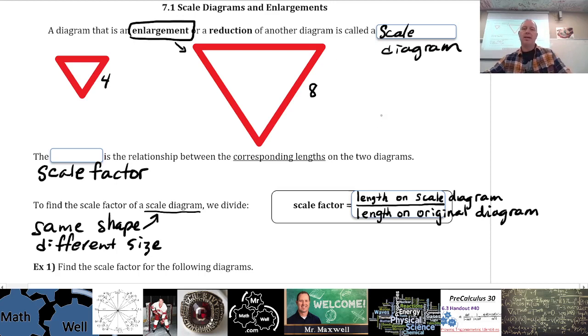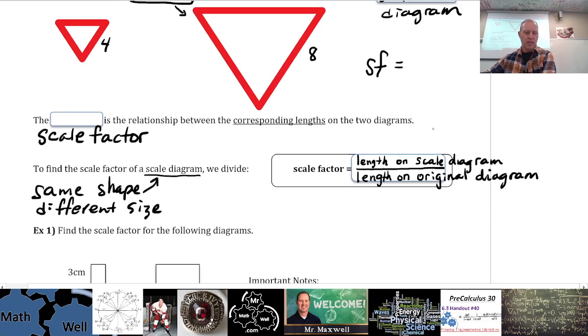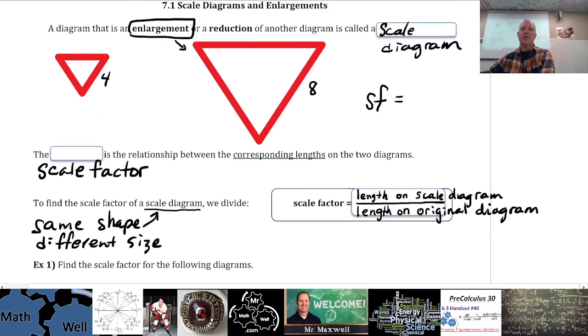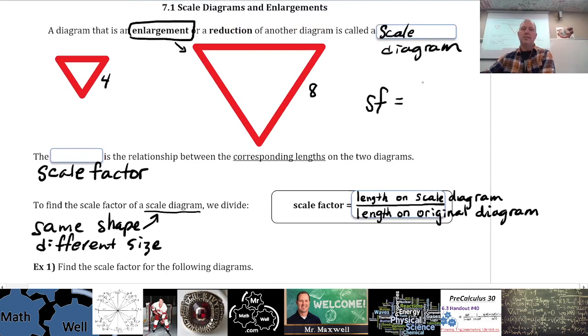You can write SF for scale factor, it doesn't really matter. So the scale factor is going to be 8, the length of this side on the scale diagram, divided by its corresponding side, 4. So the scale factor is 2.